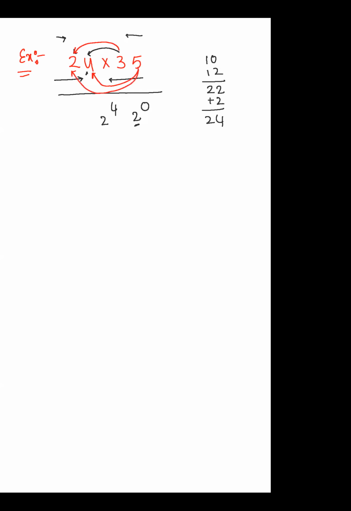That means cross-multiplication digit by digit. The same thing, 3 moves to 4 in the second step. In the final step, 3 multiplied with 2. Are you getting my point? So the final step will be 2 threes are 6, 6 plus 2 gives 8. So my final answer is 840.